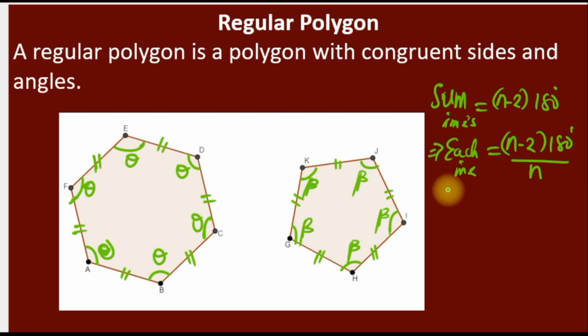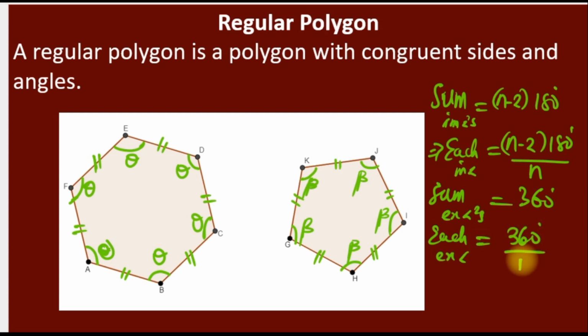And also, since the sum of the exterior angles is 360 degrees, each exterior angle is now 360 over n.